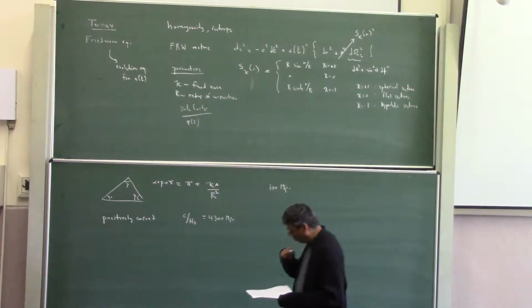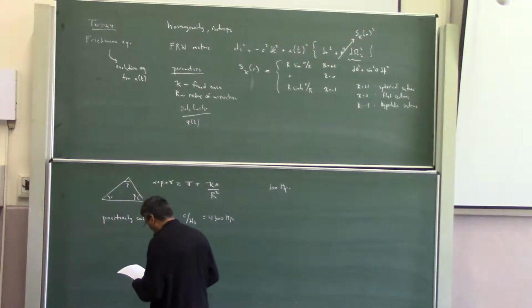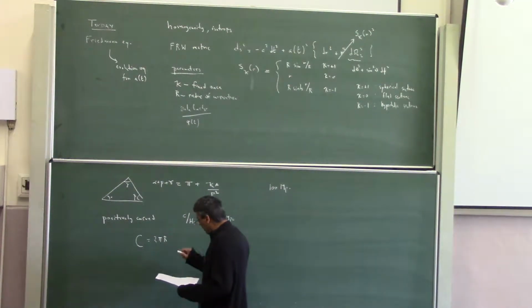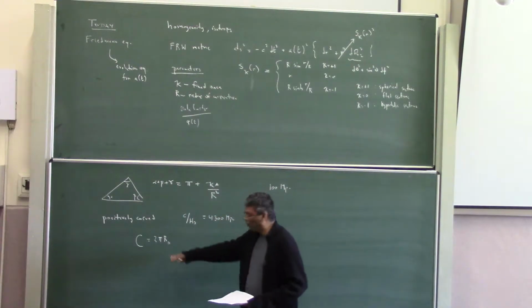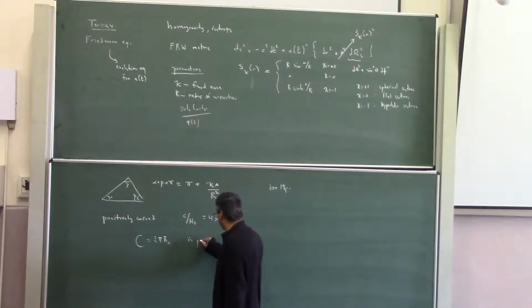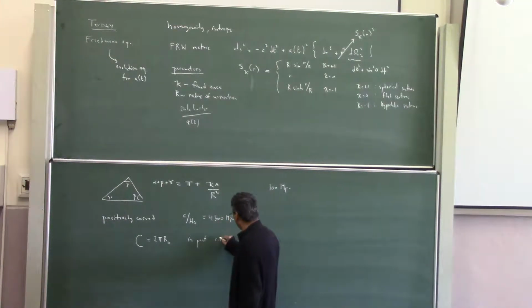Suppose you've got a circle. The circumference of a circle is 2 pi r, and let's say it's 2 pi r0 today. In the past, because the universe is expanding, the circle is smaller.